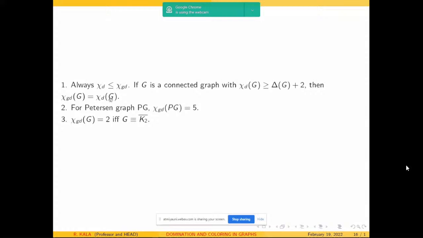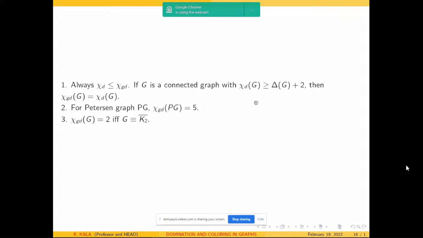So definitely it can have only up to capital delta neighbors. This particular vertex V can have neighbors in at most delta color classes, because the maximum degree is delta. But in total you have delta of G plus 2 color classes.